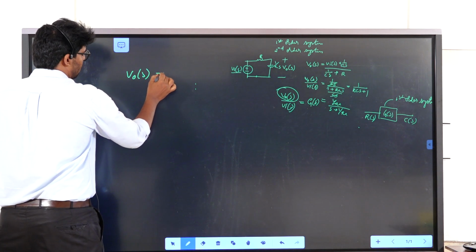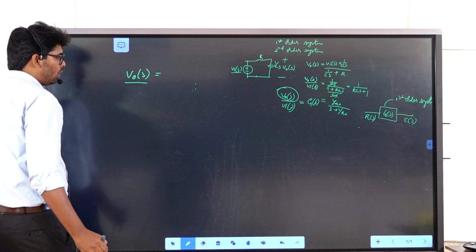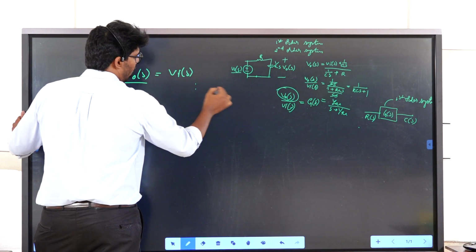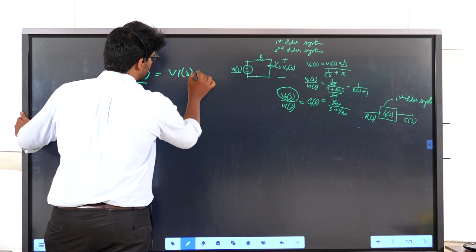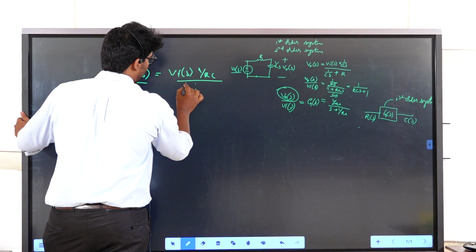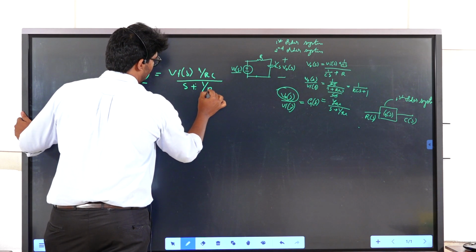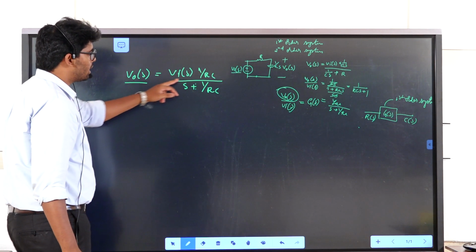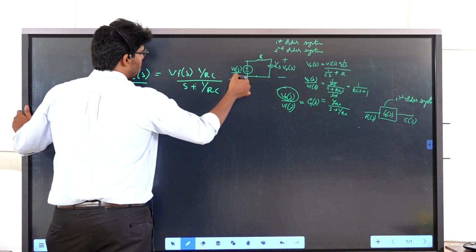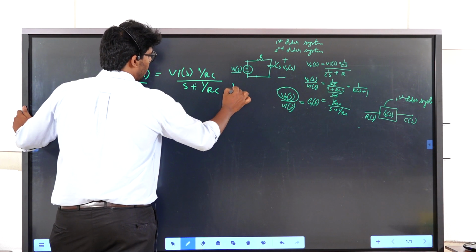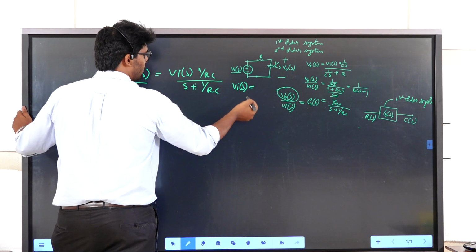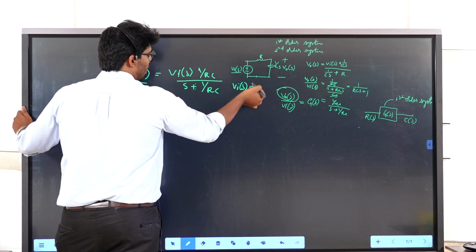So I want the response V of s. That means I take the input on the other side and observe these calculations, that is 1 by RC divided by s plus 1 by RC. So my input is DC. The DC means a certain value, let us take amplitude A. So if I am taking input V of s, a certain value of A, the Laplace of DC is a step.